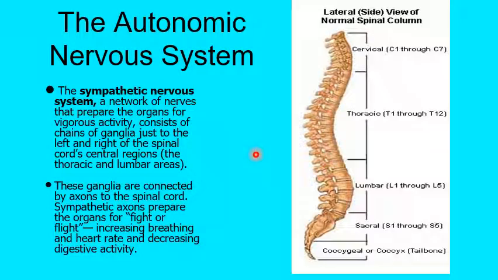These ganglia are connected by axons to the spinal cord, and the sympathetic axons prepare the organs for the fight or flight response. So it increases our breathing, our heart rate, and decreases digestive activity. The sympathetic division is triggered by challenging or threatening physical or psychological arousal, and it prepares our body for action.